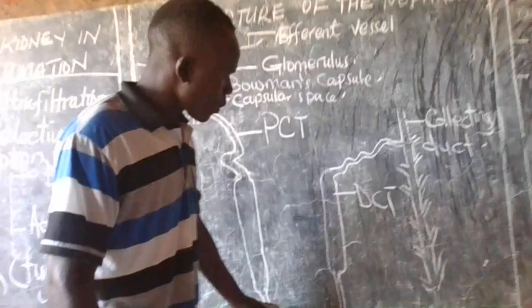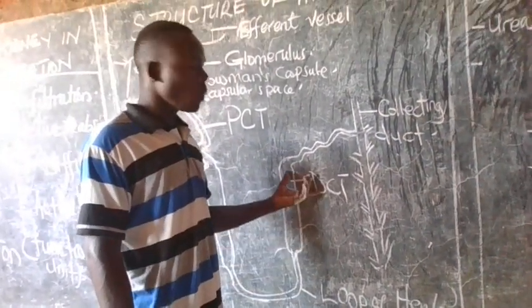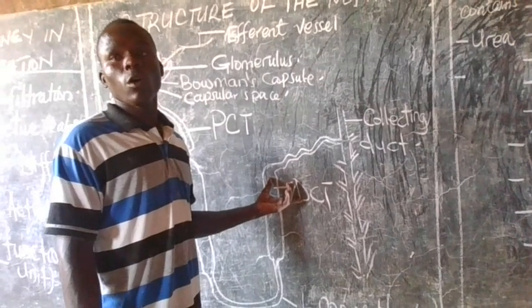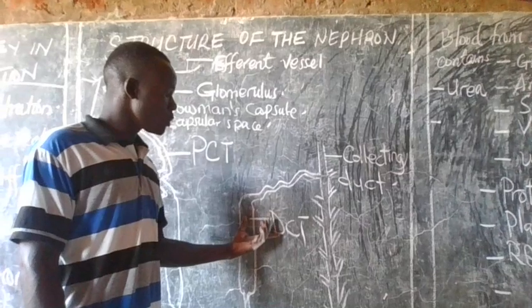As you descend down, you come to the distal convoluted tubule, isn't it?